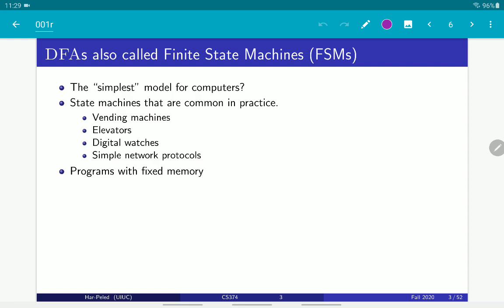And these kinds of DFAs are in fact widely used because they are so simple. They are very easy to encode and to build the physical circuit that implements them.